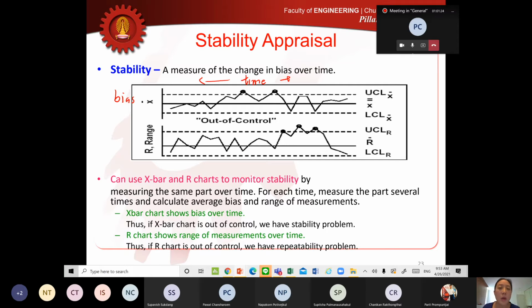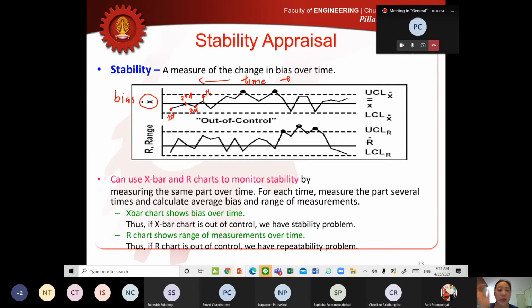For example, if we appraise the bias every week, you can plot an average of the measurements of the master part. For example, this is the information from the first week, this is the second week, third week, and so on.